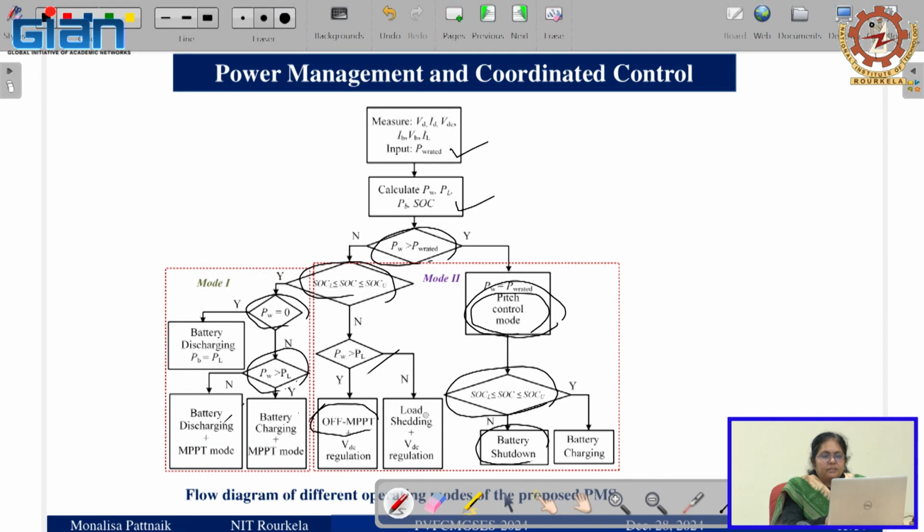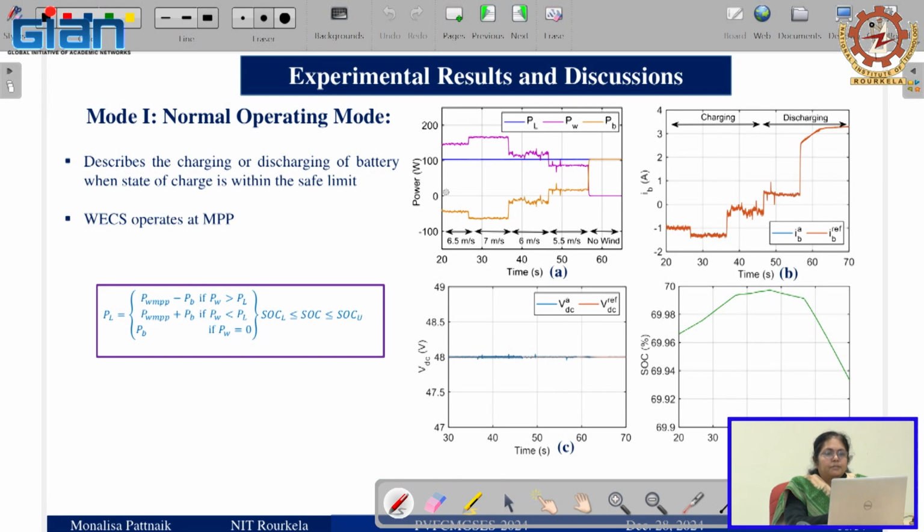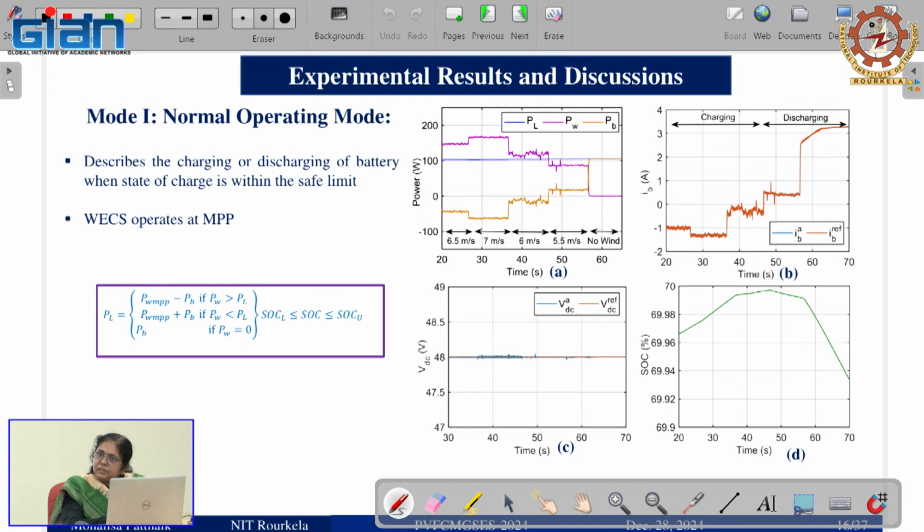Taking all these conditions, when we tried to implement it, I will go a little fast because many things are further to cover. Here this is wind with battery. We have kept the load power constant at 100 watts, initially at a very low power level.